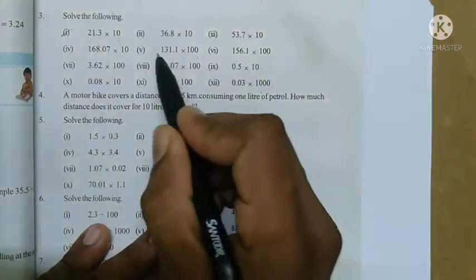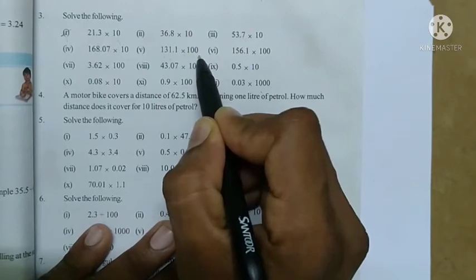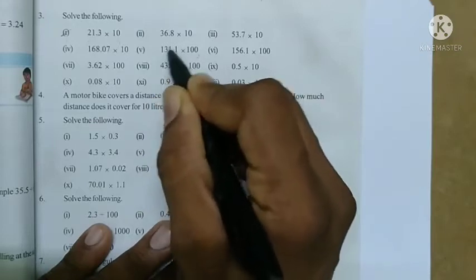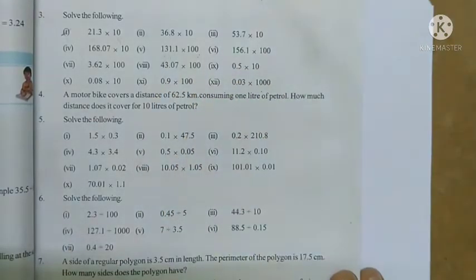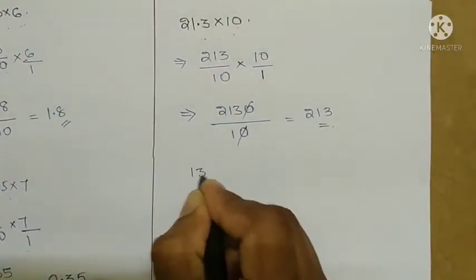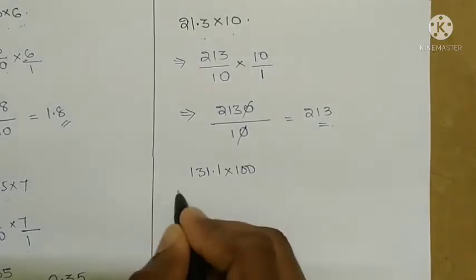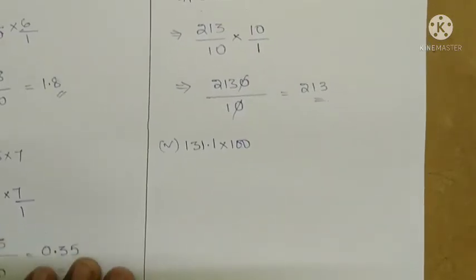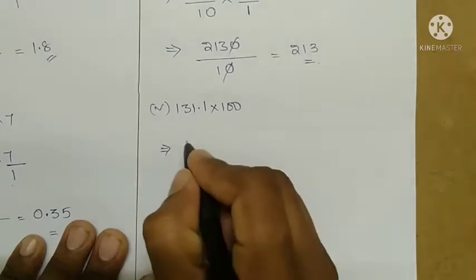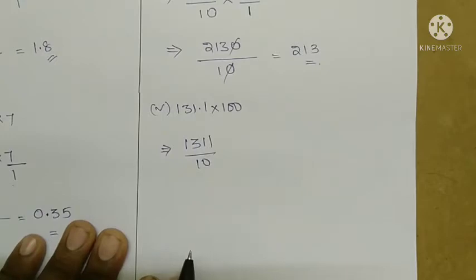So, in this third Roman, fifth question. 131.1 into 100. Multiplication of decimal number by 100, right? So, 131.1 into 100. This is your fifth question, right? So, that is equals to 131.1 means 1311 by 10, right?